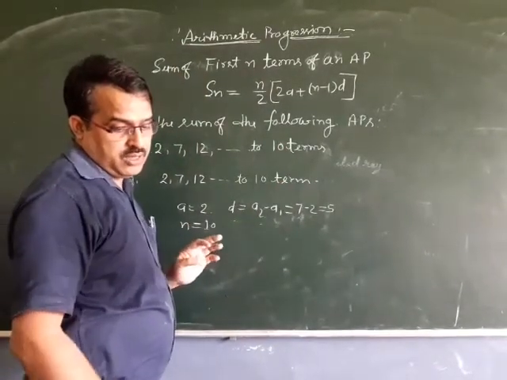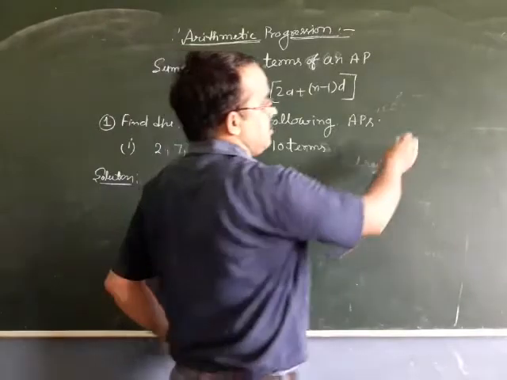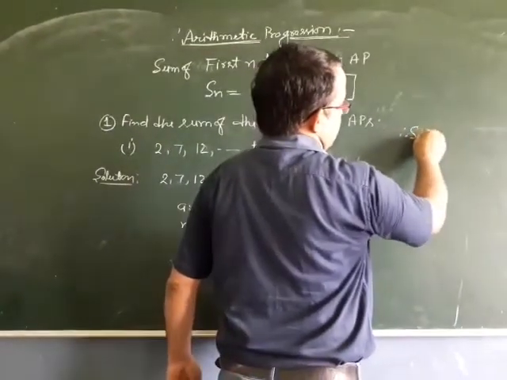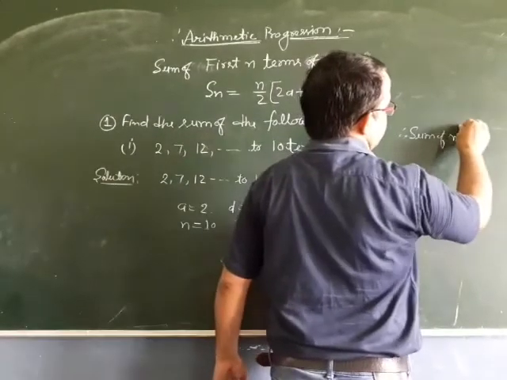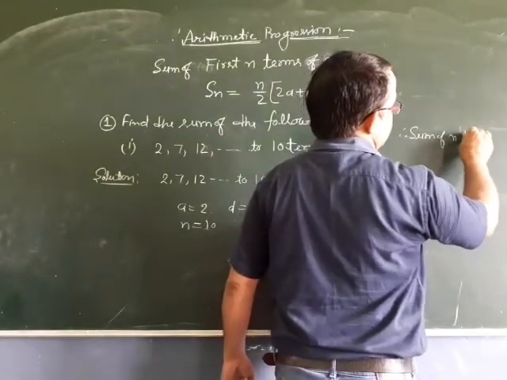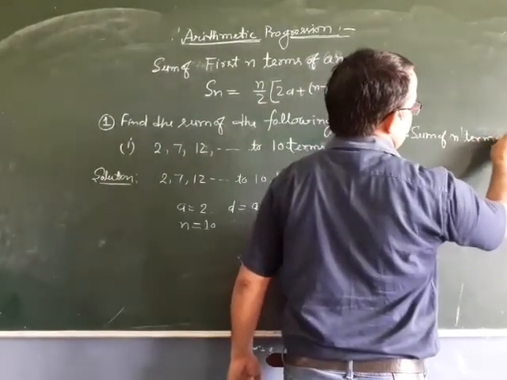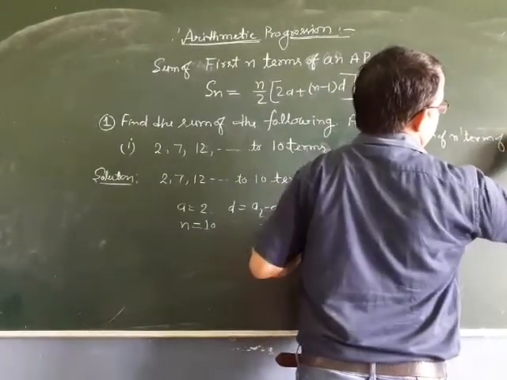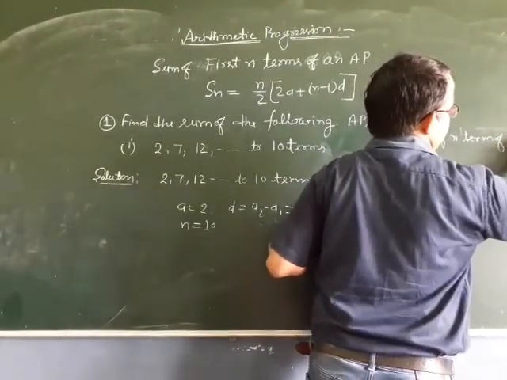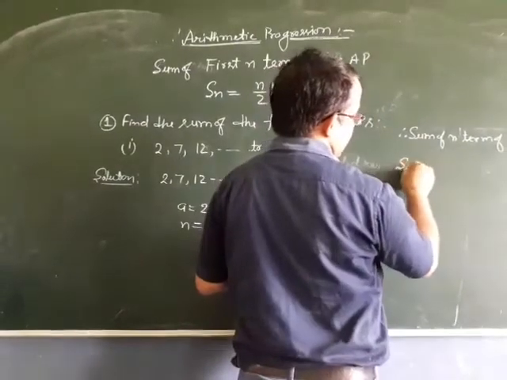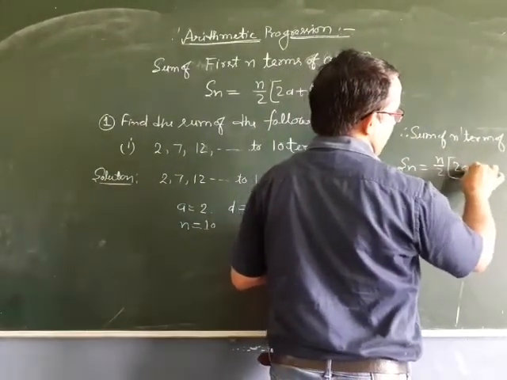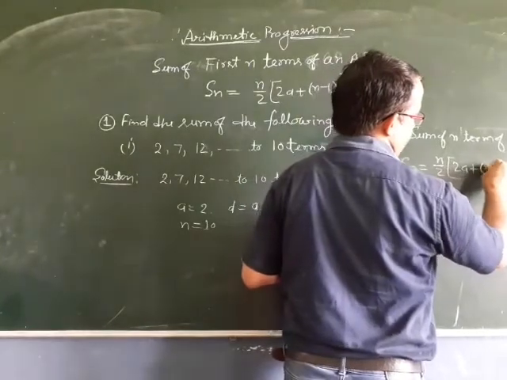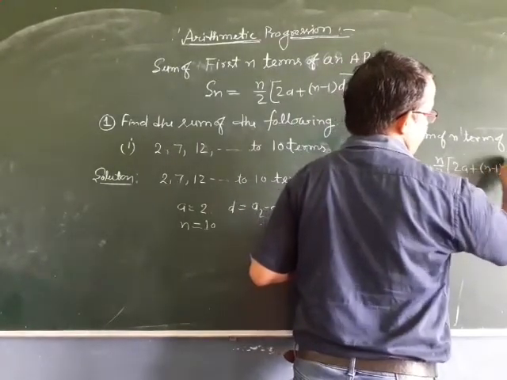So the sum of n terms of an AP is Sn is equal to n by 2 into (2a plus (n minus 1) into d).